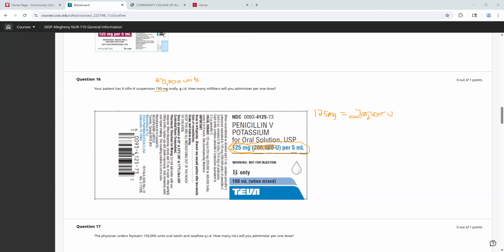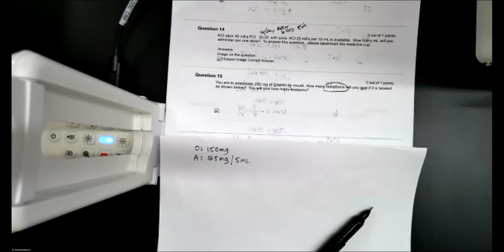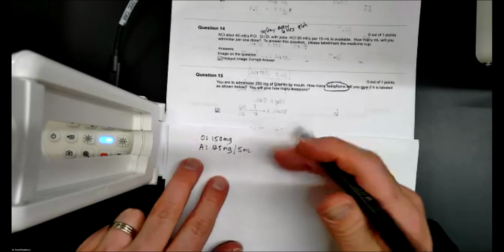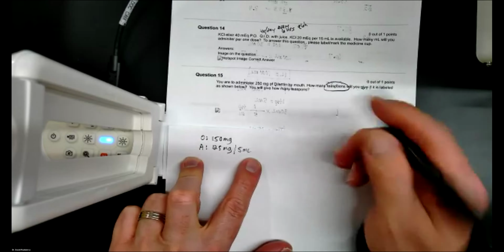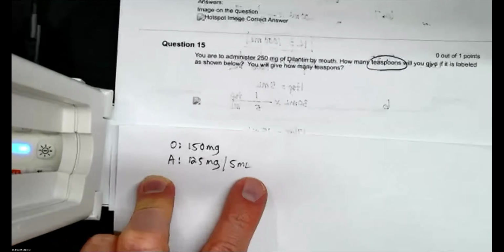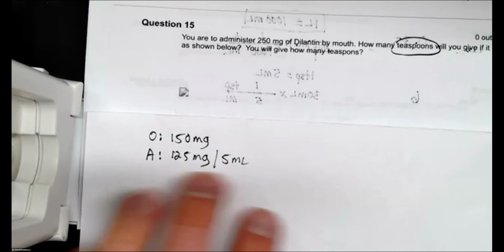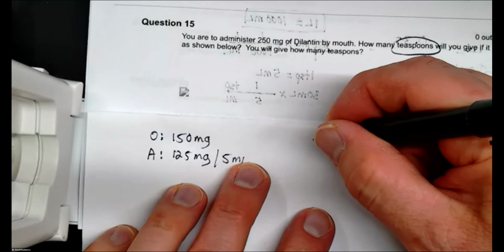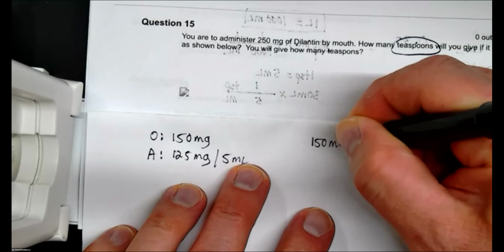Okay. So I'm going to write my available as the 125 milligrams per 5 ml. I'm going to show you what I wrote here in just a second. Turn that back on. Stop the share. So doing the order over available, my order is 150 milligrams.